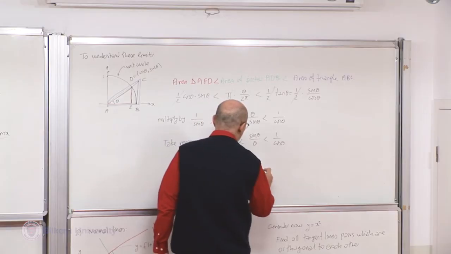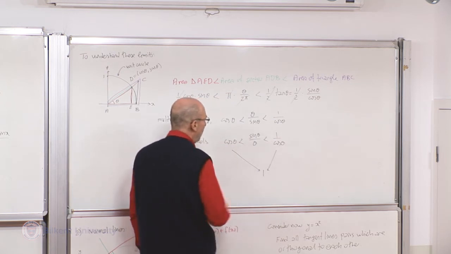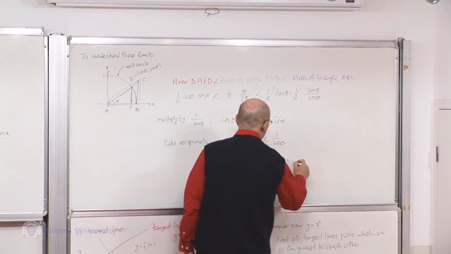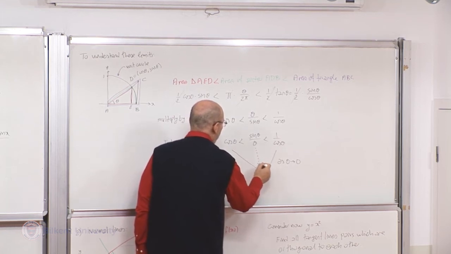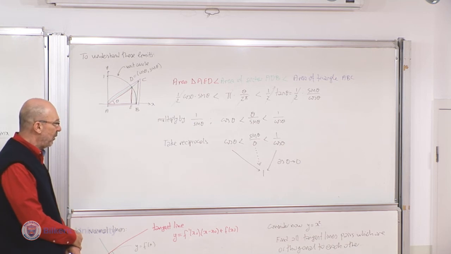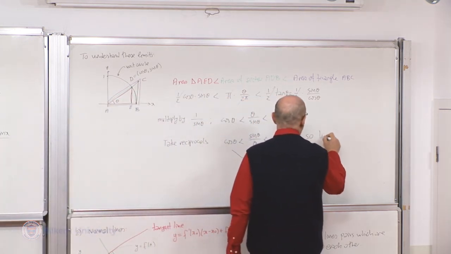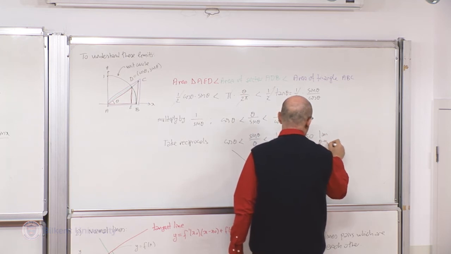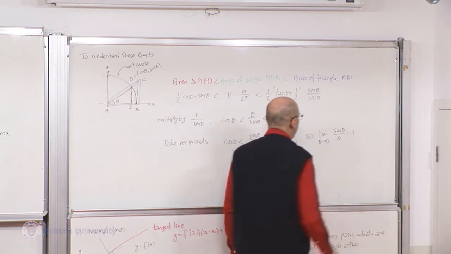This goes to 1, and this goes to 1 over 1 as theta goes to 0. So this is squeezed in between, and it has to go to 1. So the limit as theta goes to 0 of sine theta over theta is 1.